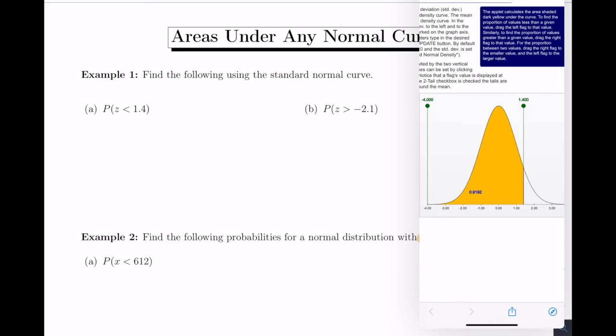And so if you notice, I'm looking at the area under the curve to the left of positive 1.4. So in words, this is the area under the standard normal curve to the left of z equals positive 1.4. And this area is just given by 0.9192.